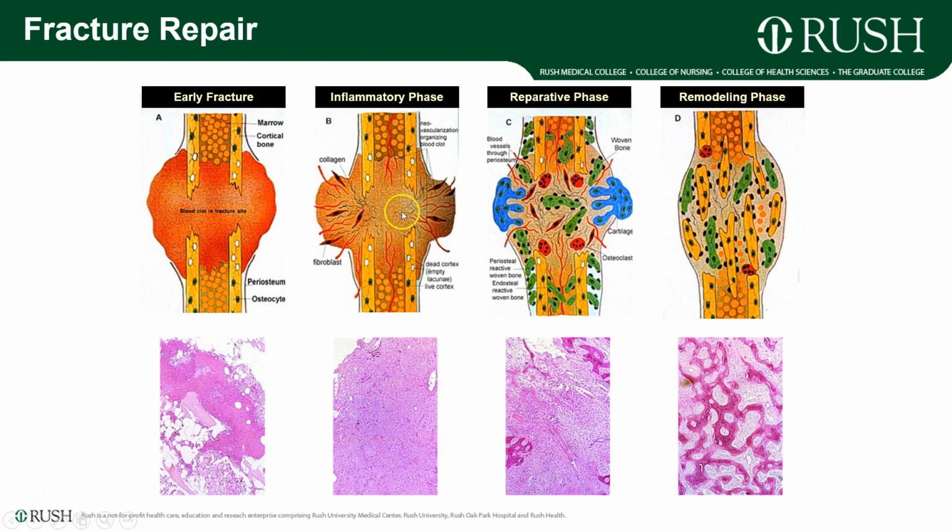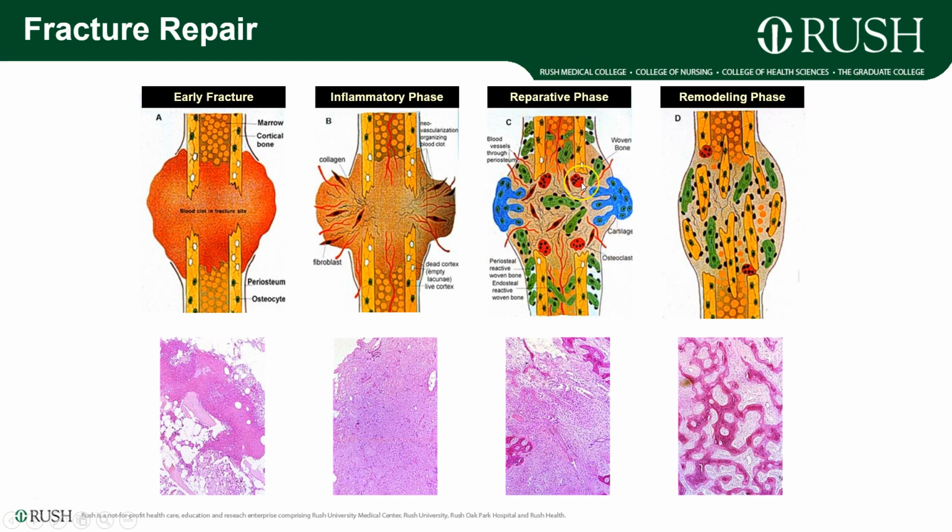With that, there's a lot of cellular activity which brings in cells of the inflammatory phase, and a lot of fibroblastic cells come in. As the cells come in, they start to make fibrous tissue in this area here, and then eventually that gets converted into soft callus, represented here in cartilage in blue, and then also ossification starts, as represented here in green. So the whole process is very active.